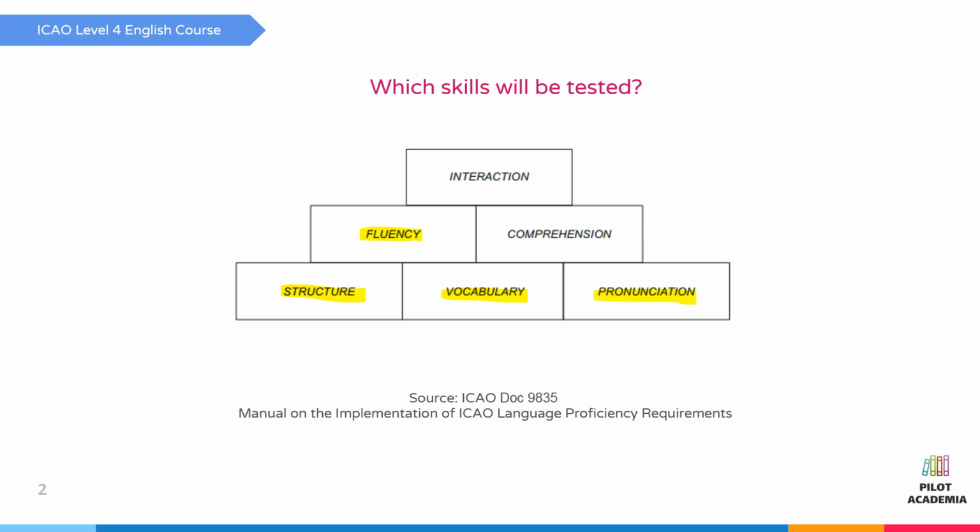Okay, let's have a look at the comprehension part. This skill addresses the ability to recognize and understand speech. Okay, this is the understanding, a little bit related with the listening part of the exam.